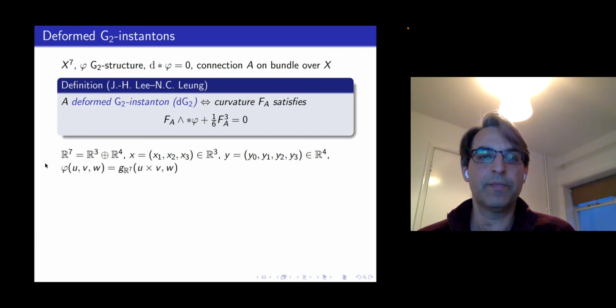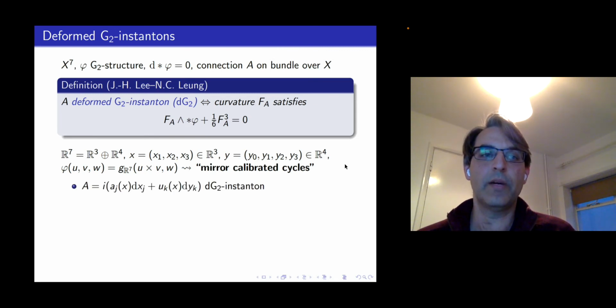And what I discover is that I can relate this DG2 condition to the idea of mirror calibrated cycles in this setting in the following way. Let's suppose that I write down a DG2 instanton A, which is just a U(1) connection. So that means it's just an imaginary valued 1 form.